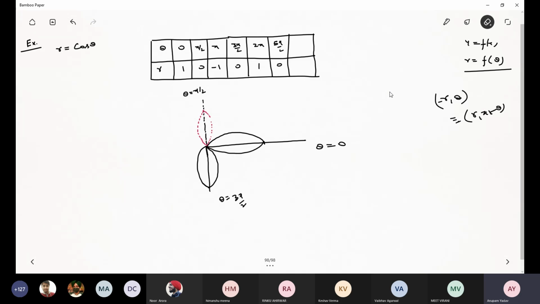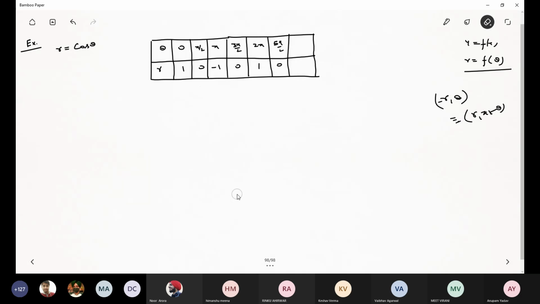Let me draw it again from scratch. It should come out to be a circle. This is the initial line. When theta equals 0, r is 1, theta equals pi by 2, it is 0. So it will go like this.